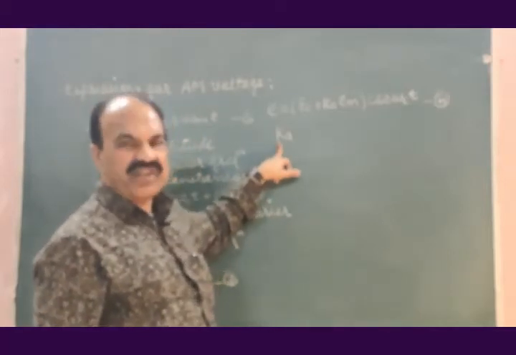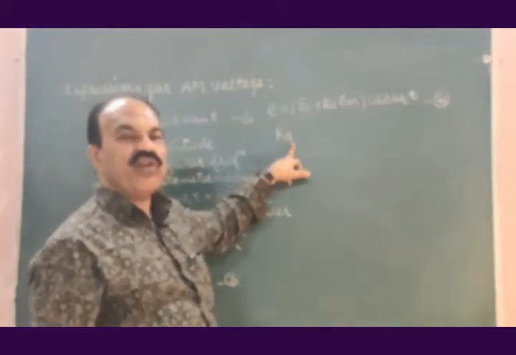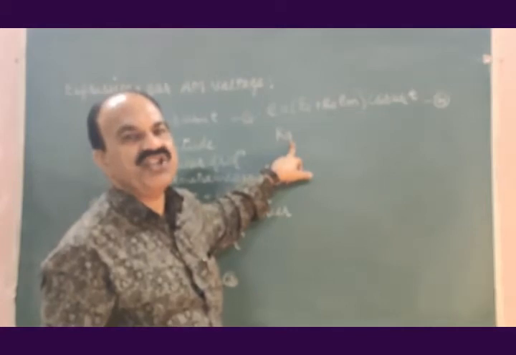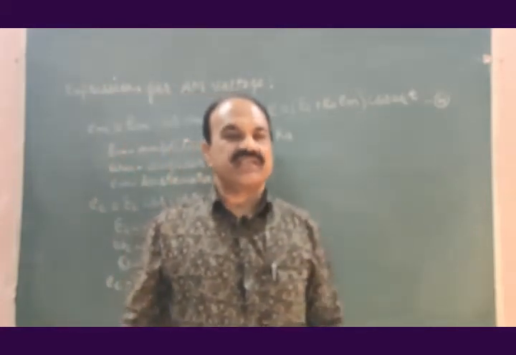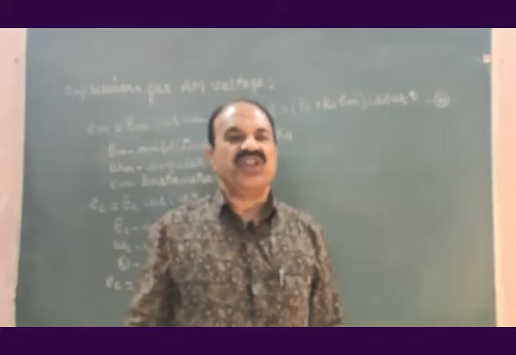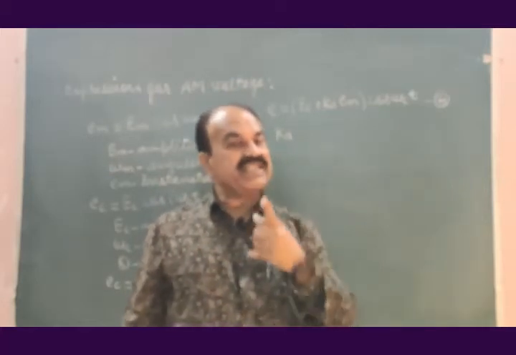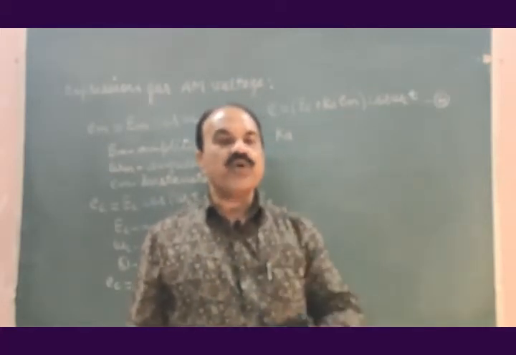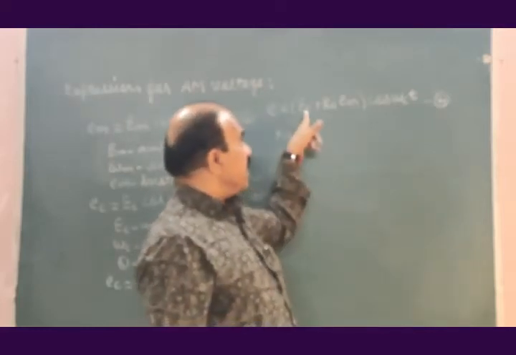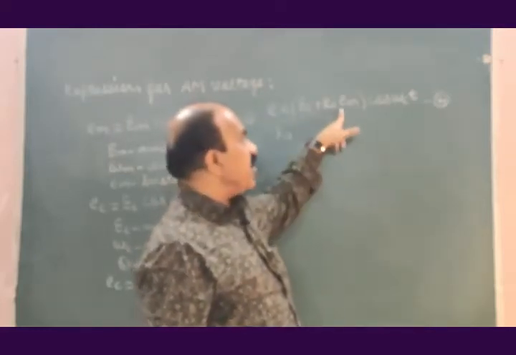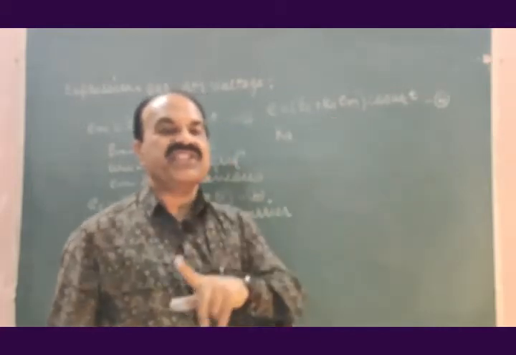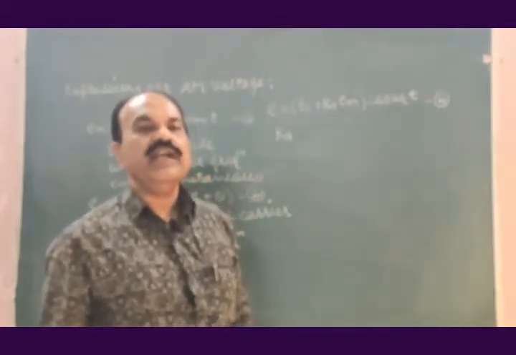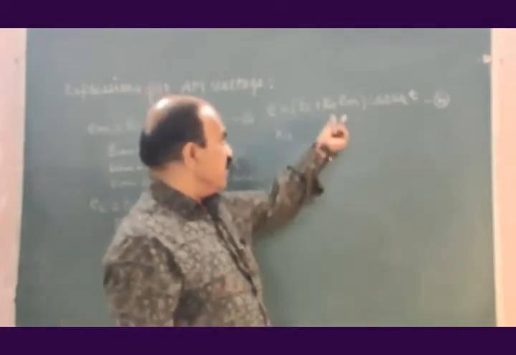K for proportionality constant, A for amplitude modulation. Ka is the proportionality constant for amplitude modulation, and it decides the amount of variation in EC in accordance with small em, the instantaneous value of the modulating voltage.